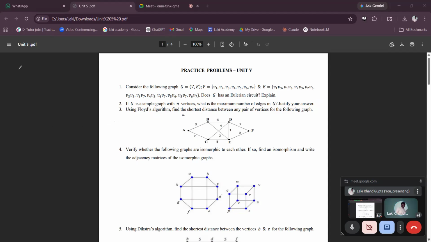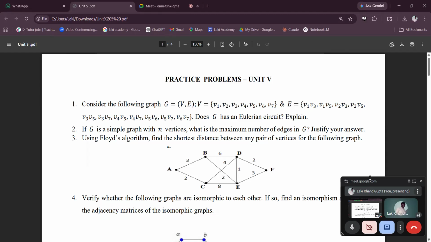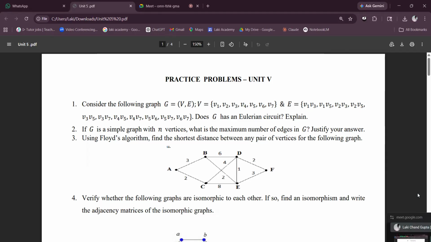Now see this. Using Floyd's algorithm, find the shortest distance between any pair of vertices. We have not covered the Floyd algorithm, right?